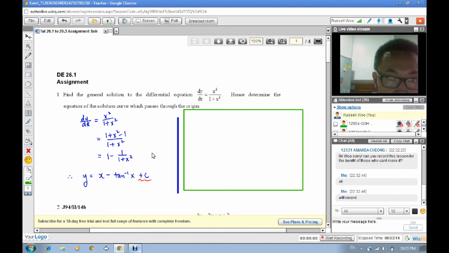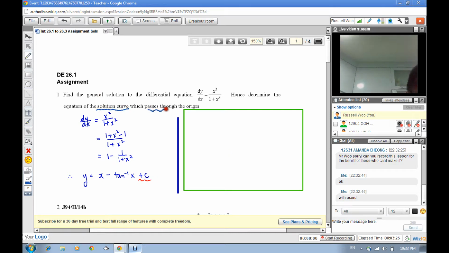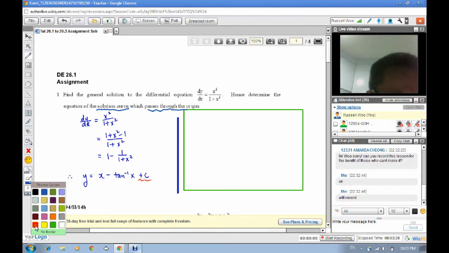Now, the question clearly asks for the equation of the solution curve which passes through the origin. What do we do?